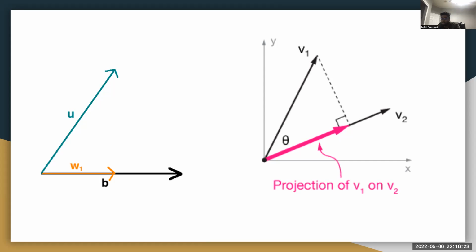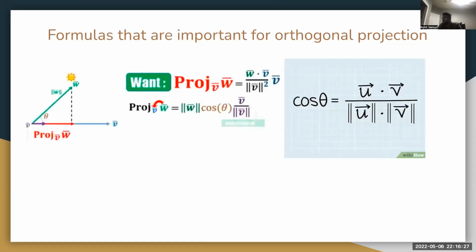Now let's look at some formulas to help us better determine them. Here we have the formula. It's basically like the normal projection formula from previous topics. If you have covered that, great; if you have not, here it is. The projection of vector v onto vector w, and you can see the illustration here as well.